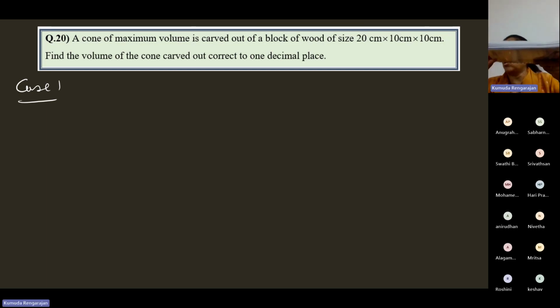So this is the height of the cone, which is 10. And the circle will come out from this rectangle, right? What are the dimensions of this rectangle? 20 by 10, but a circle drawn in this rectangle can have maximum diameter 10 only. So what's the radius? 5. Radius is 5.